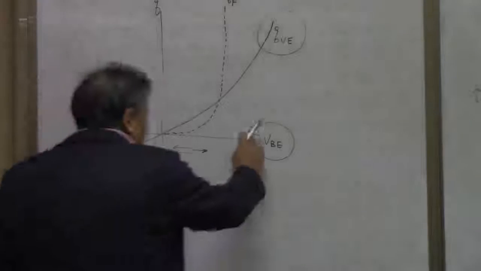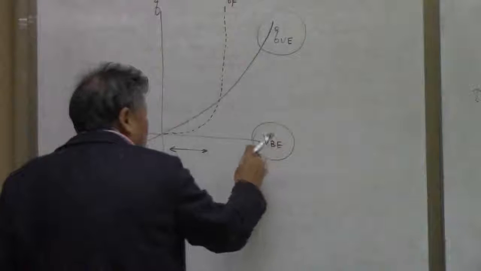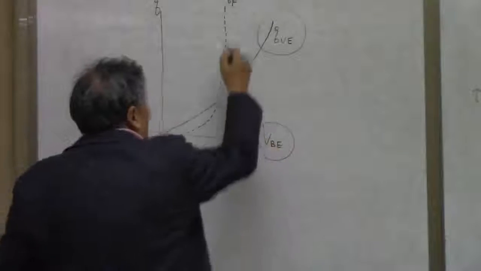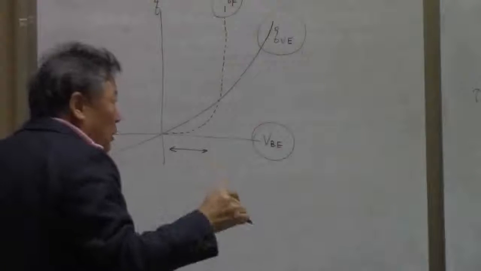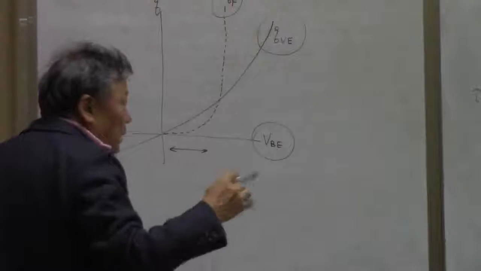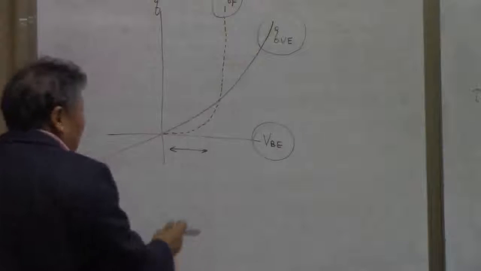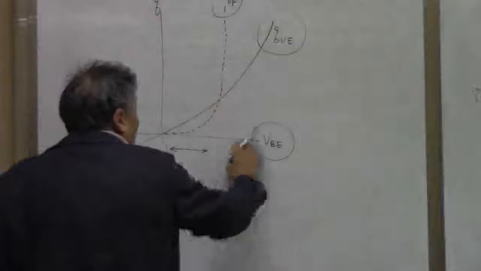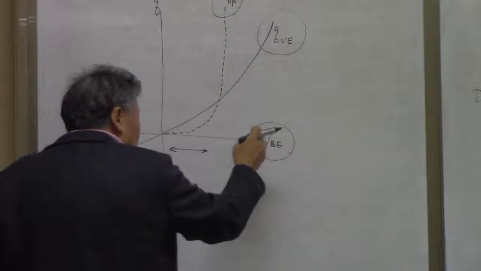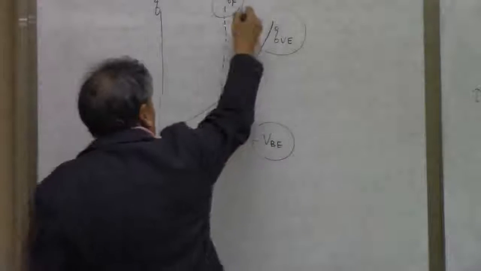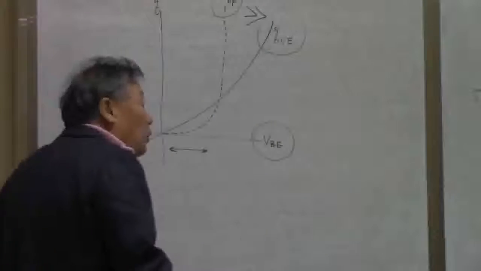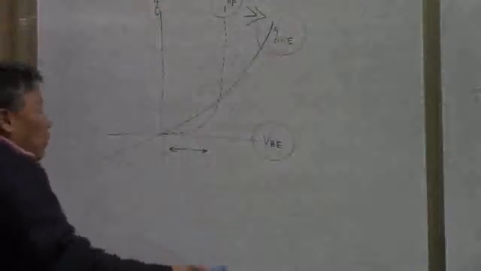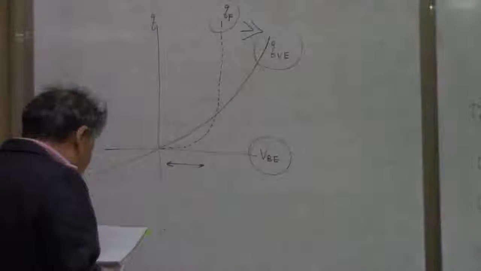But as this emitter and base voltage increases, this minority injection charge is going to increase exponentially, drastically, so that at high emitter base voltages, this injected minority carrier charge is going to dominate the whole stored charges in the device.